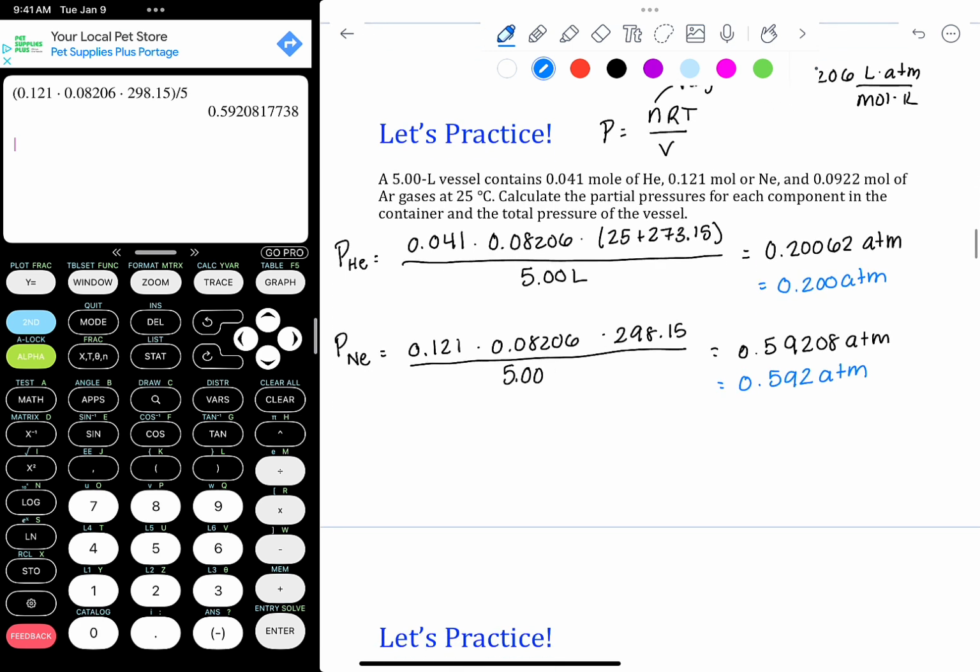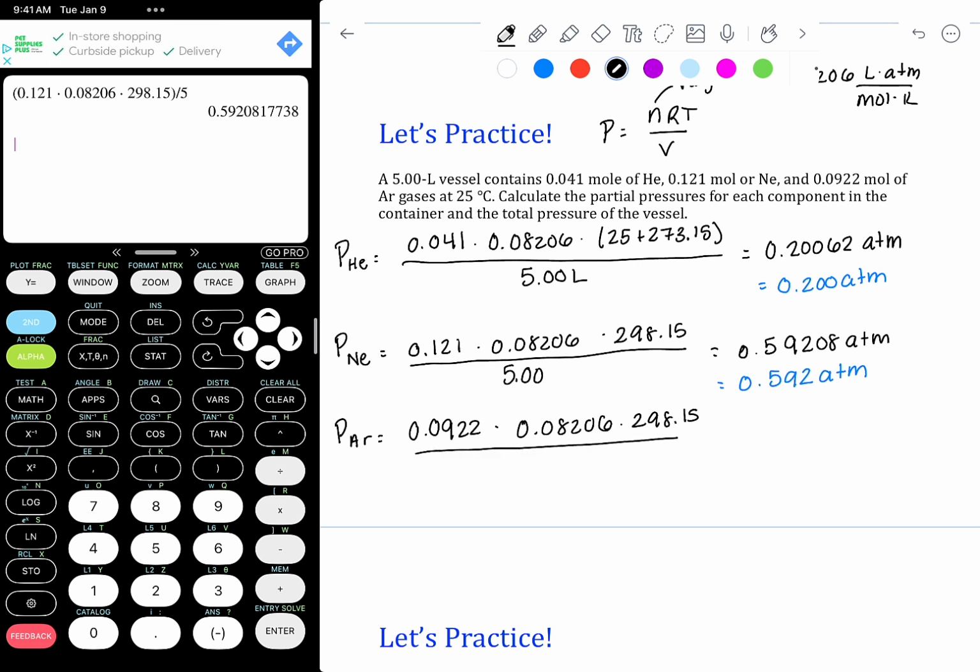And our last one is argon gas. So we have the pressure of argon is equal to the mole value, which is 0.0922 times, everything's the same. Okay, so we get 0.0922 times 0.08206 times 298.15 divided by 5 for the volume.